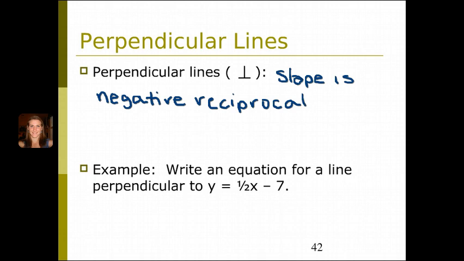What that means is that when you're given a slope, you need to take the opposite sign. So if they give you a positive, you make it a negative. And you need to flip the fraction. That's what reciprocal means. So we're going to flip the fraction.